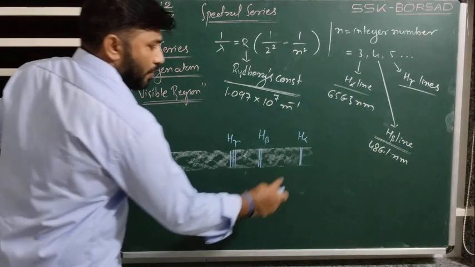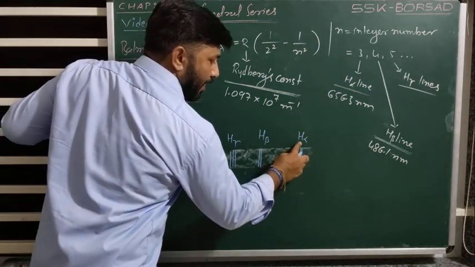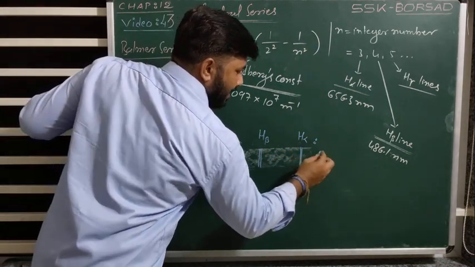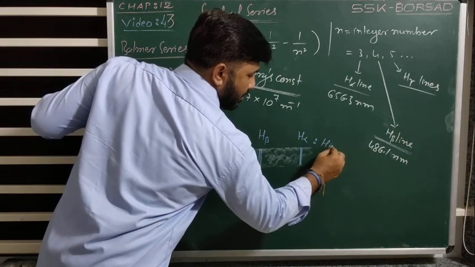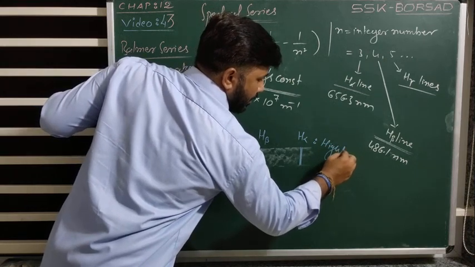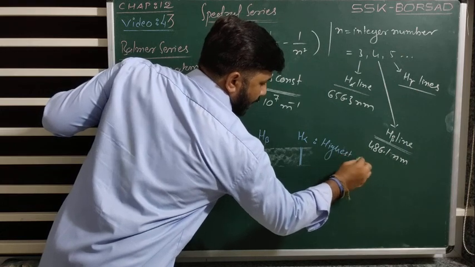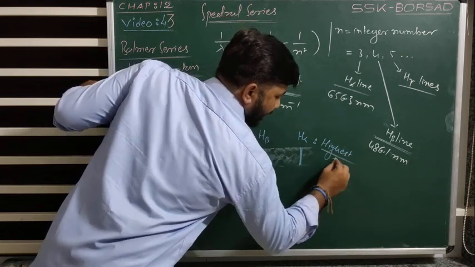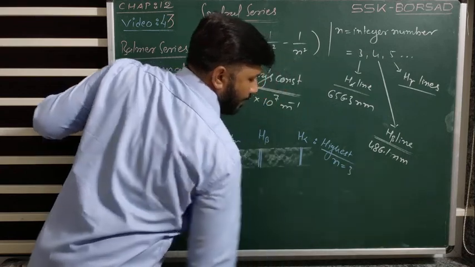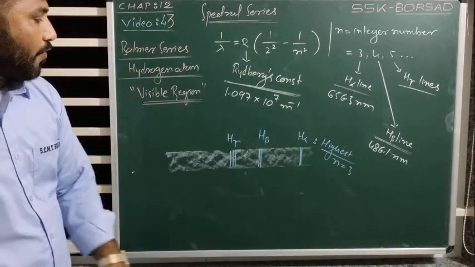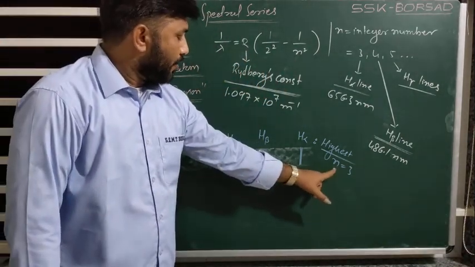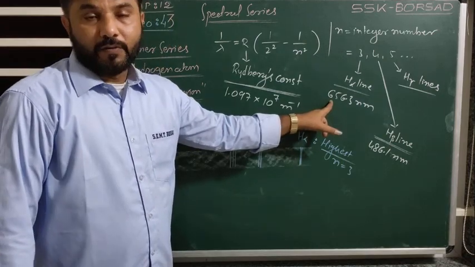Got it? So this is the H alpha line, which is the highest. Highest means when you take n is equal to 3, the first value of n, you will get the highest wavelength.